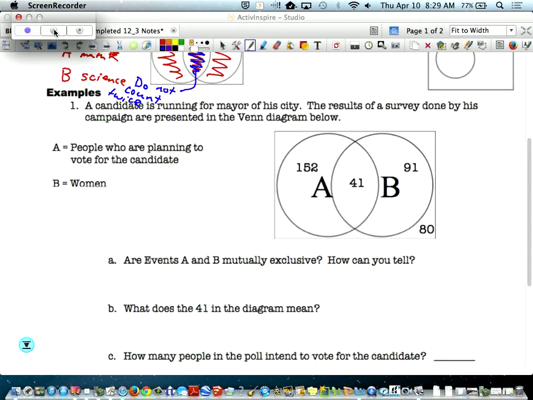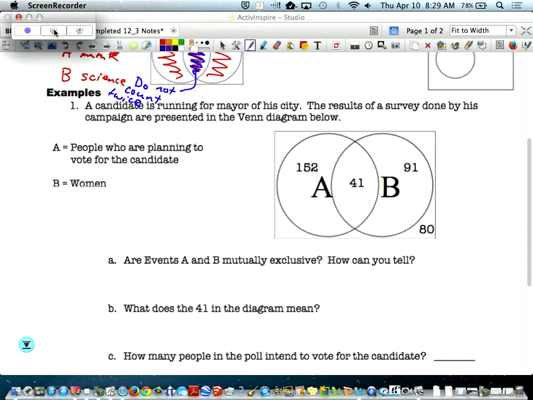So are events A and B mutually exclusive? How can you tell? Basically they're asking you, is there going to be an overlap of the two events? Yes. Is it possible to be a woman and be yes for that candidate? Yep.